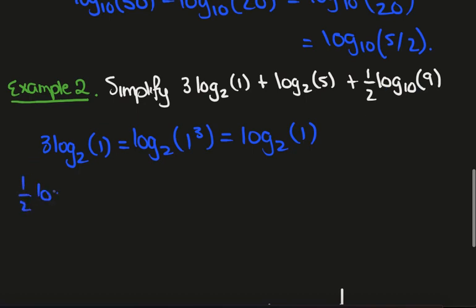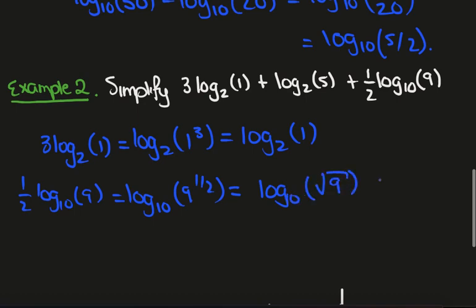So I have 1/2 log 10 of 9, which is log 10 of 9 to the 1/2. Now remember, by index laws, or what we did in our study of index equations, 9 to the 1/2 is the same as the square root of 9, and the square root of 9 is 3. So I have log 10 of 3.